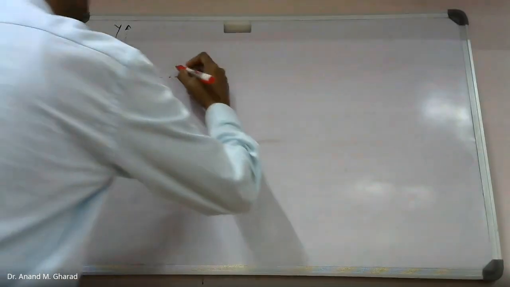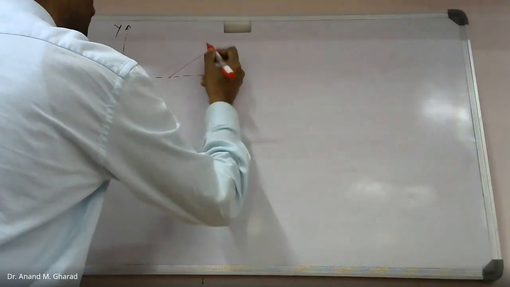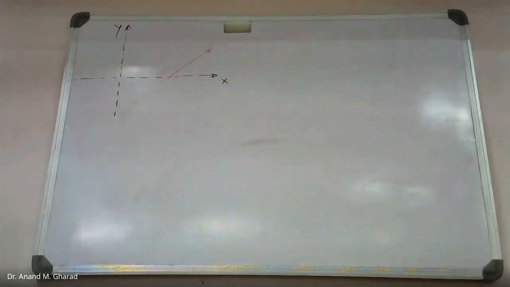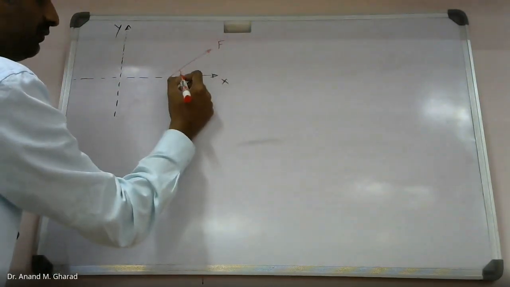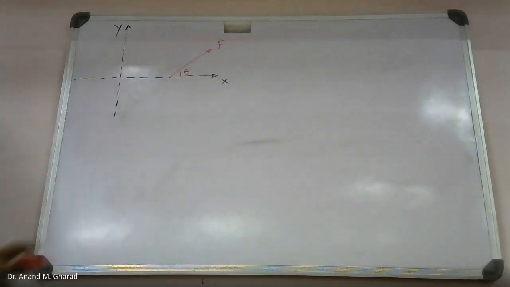So let me consider that there is a force which is inclined like this. Let me consider the magnitude of this force to be capital F. Let this angle be theta with respect to x-axis.